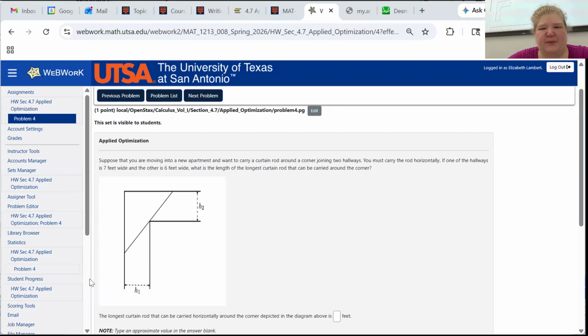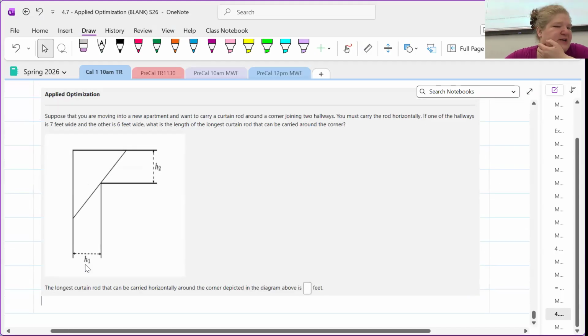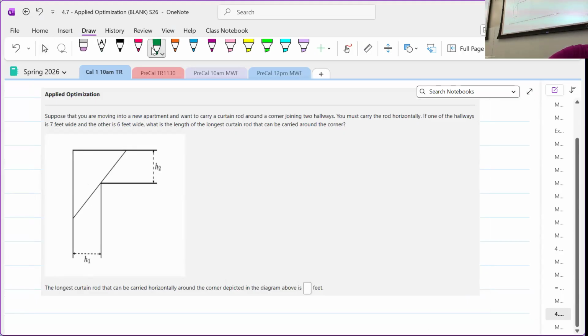So I'm going to flip the share back because this is a question that often comes up. All right, so we've got 7 feet here. And 6 feet here.